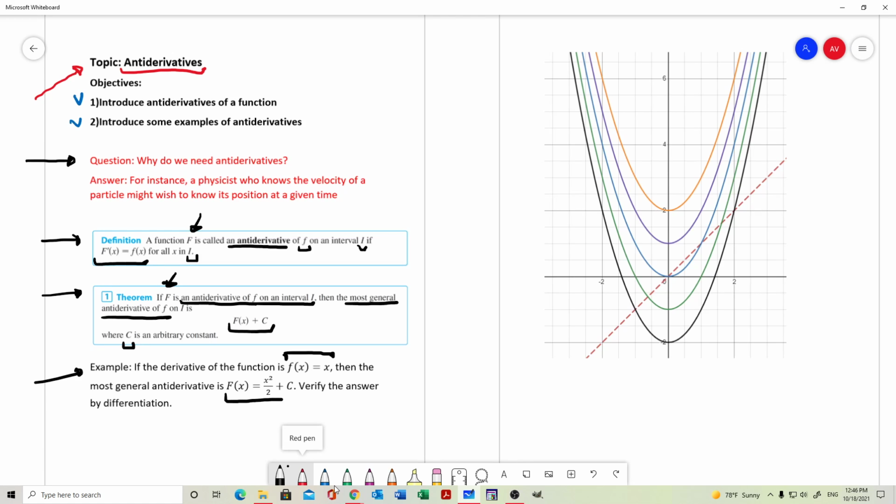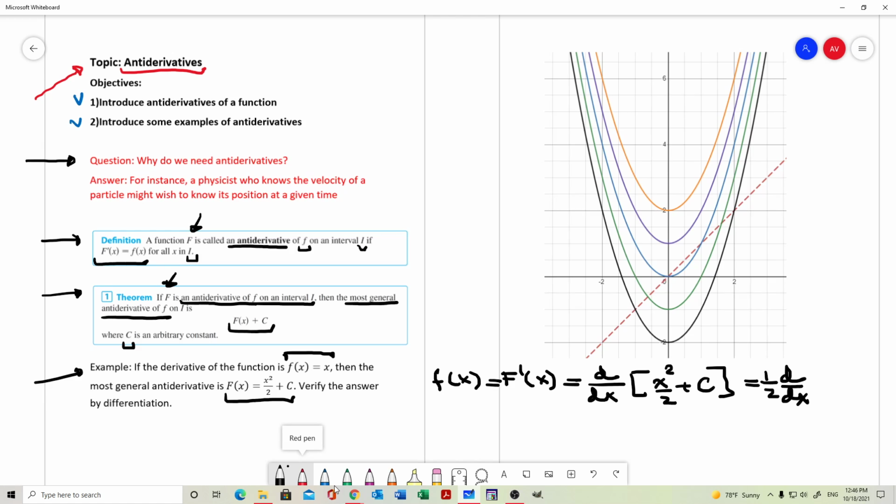The most general antiderivative is F of x equals x squared over 2 plus some constant C. We want to verify the answer by differentiation, so F prime of x is d/dx of x squared over 2 plus some constant C. It's 1/2 derivative of x squared plus 0, since the derivative of any constant is 0, which equals 1/2 x to the power of 2 minus 1 times 2, which gives us the original function f of x equals x. Check mark.